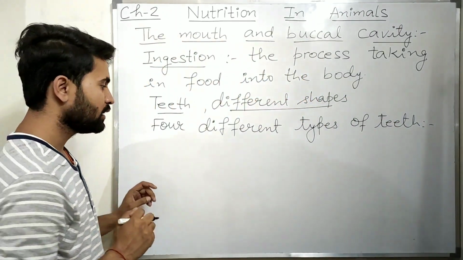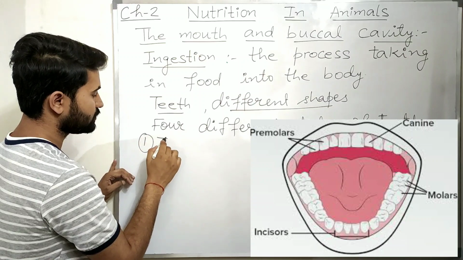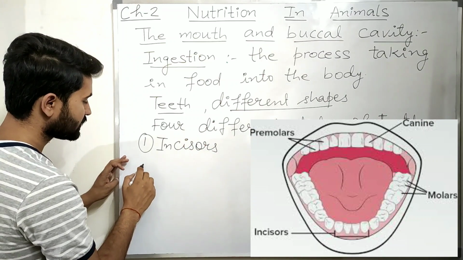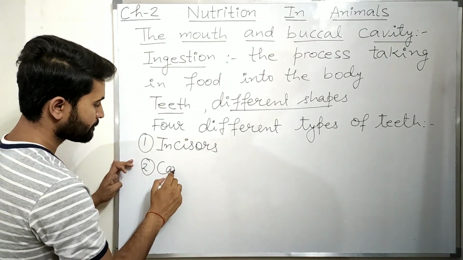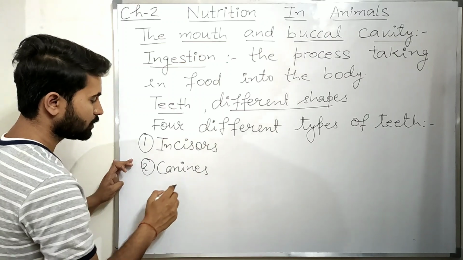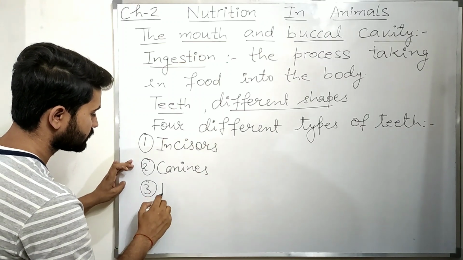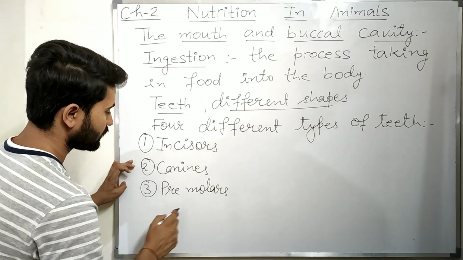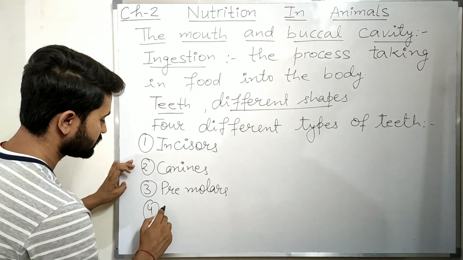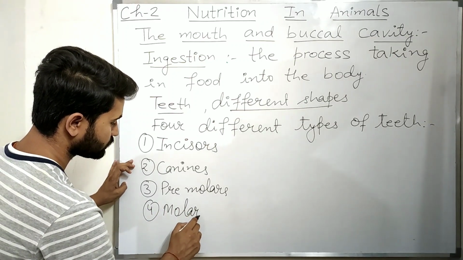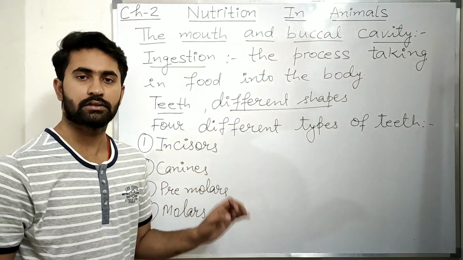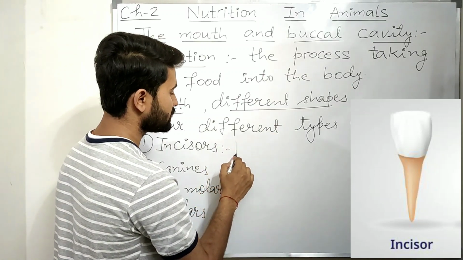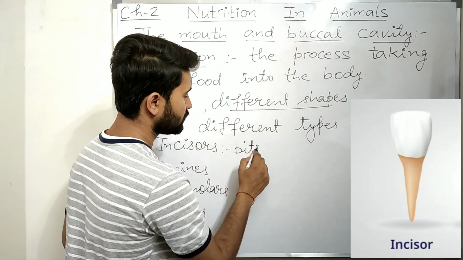These 4 types are: first is incisors, second is canines, third is premolars, and the last one is molars. Incisors are also known as biting teeth.